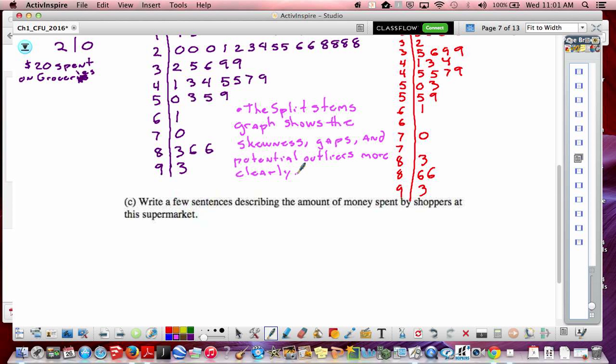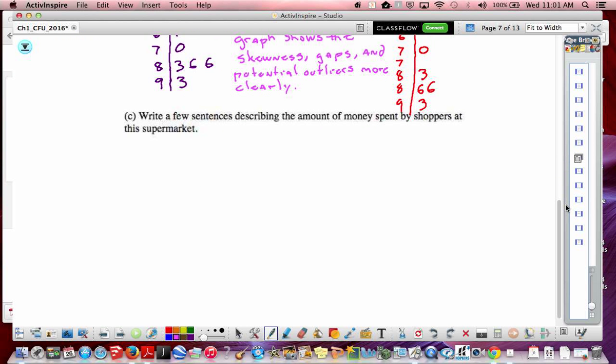Okay. So now, question C says, write a few sentences describing the amount of money spent by shoppers at the supermarket. So I'm going to talk about the shape, the center, the spread, and potential outliers. To talk about those, this is what I have written down.